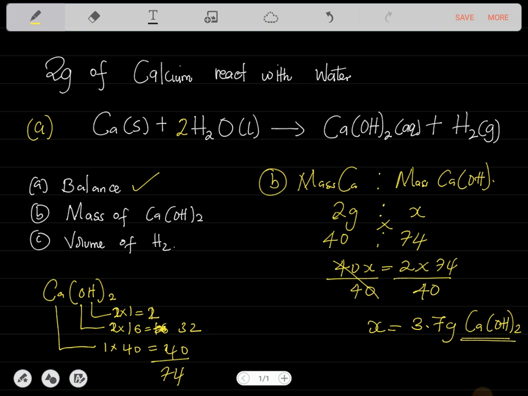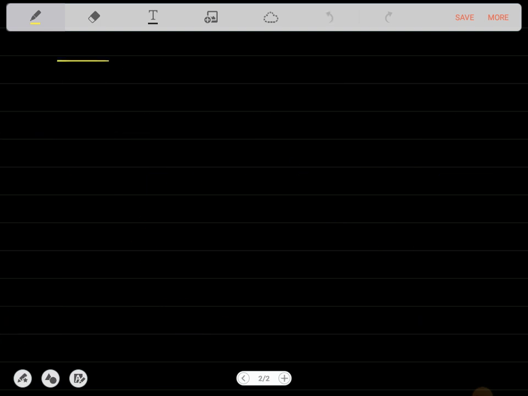Next is the volume of hydrogen. How do we know this? Well, we can first know the number of moles of hydrogen that has been produced. And how do you know the number of moles of hydrogen that has been produced? Well, we are going to relate the moles of calcium because it's the main element whose mass has been given. So we are going to use that as our main reactant, calcium. So let's first find the number of moles of calcium.